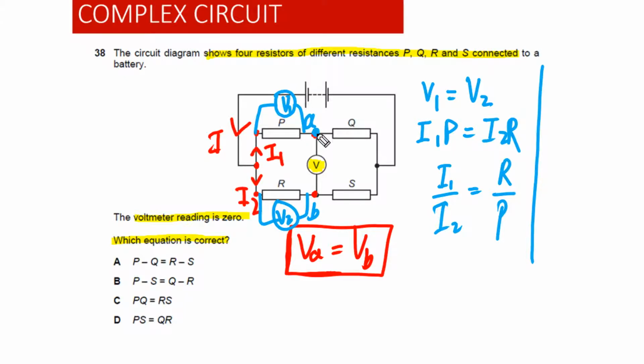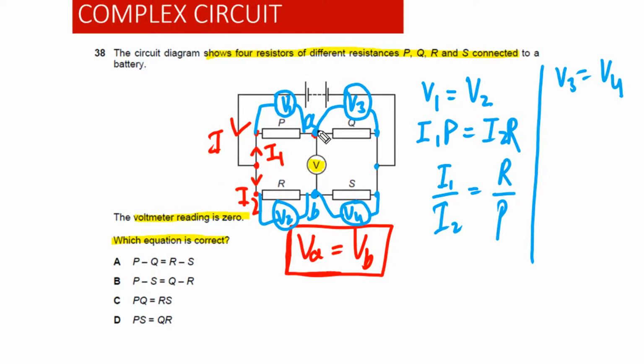The potentials at this point are the same, and the potential at this point is also the same. So we can attach another voltmeter across this resistor Q and another voltmeter across resistor S. From here we can simply conclude that V3 has to be equal to V4.